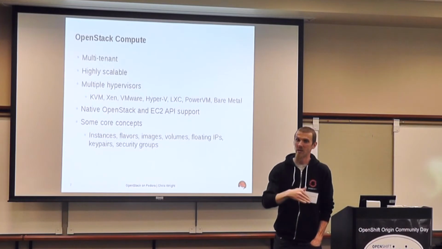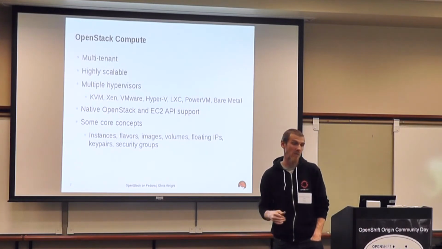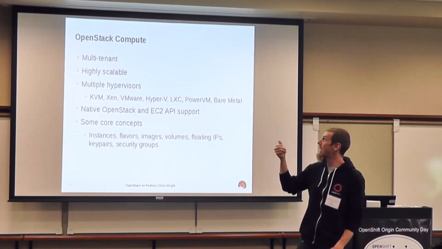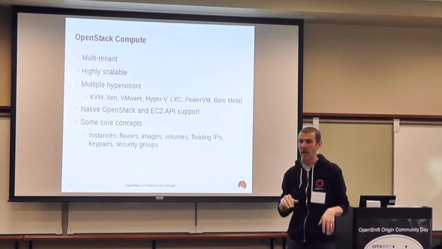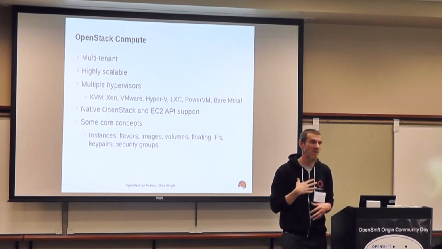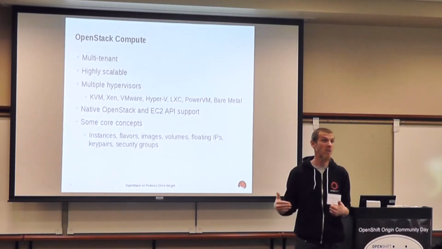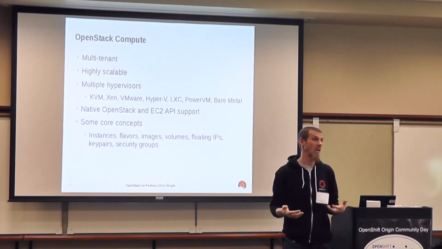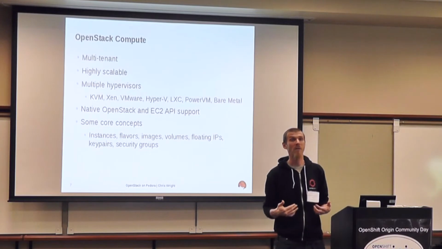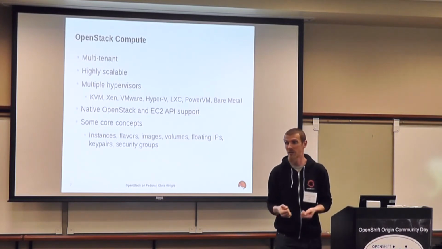And then the core state is kept in the database. So it's a highly scalable system. We haven't done the top-end scaling testing to really know where it starts to fall down, but architecturally we're confident that it's definitely a very scalable system.